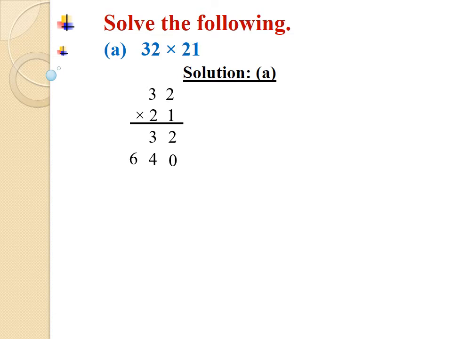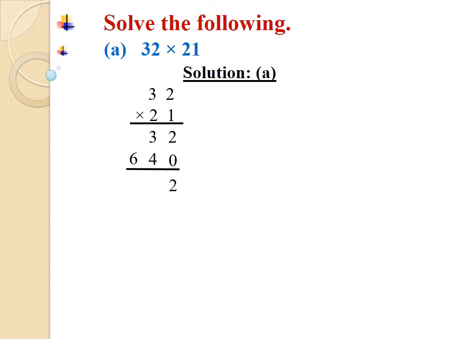Students, now we have to add step number 1 and step number 2 to get the product or final answer. Students, we also know that we have to start adding from ones place. Thus adding 2 plus 0, we get 2.